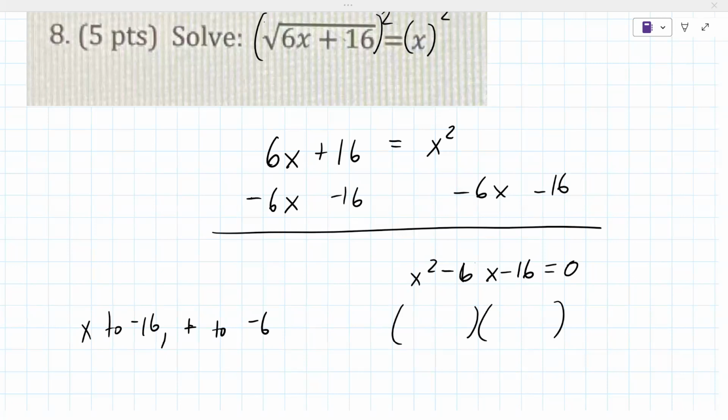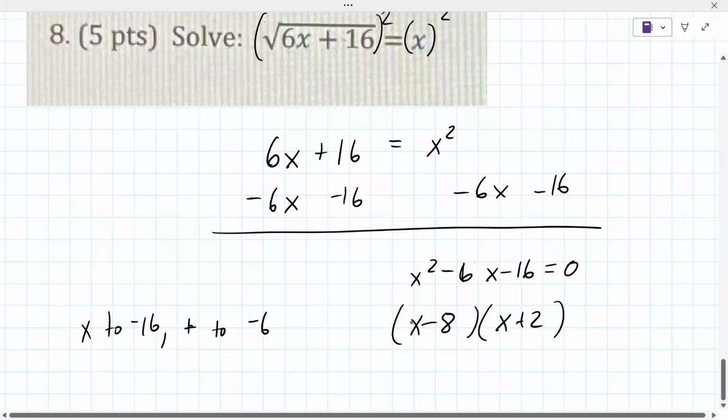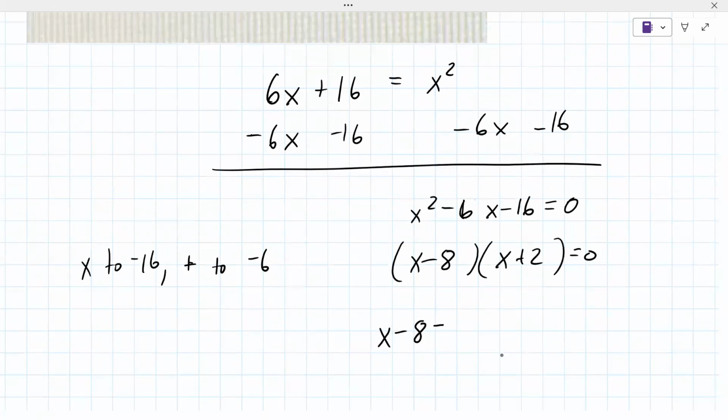Let's see. -8 and 2. Okay, that works. x minus 8, x plus 2 equals 0. Now you set those both equal to 0. And when you solve it, you get x equals 8, x equals -2.